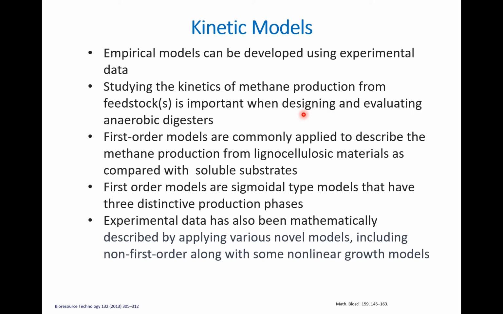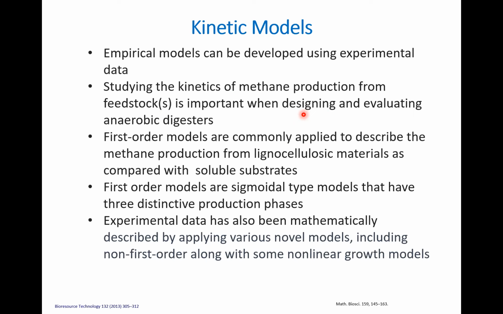In the beginning, you can find lag phase, and then you can have exponential phase, and then plateau, or zero order, basically. Constant values, there is no more biogas produced.